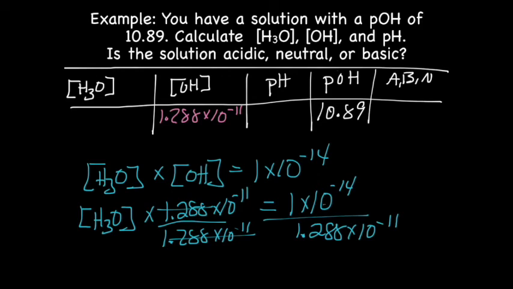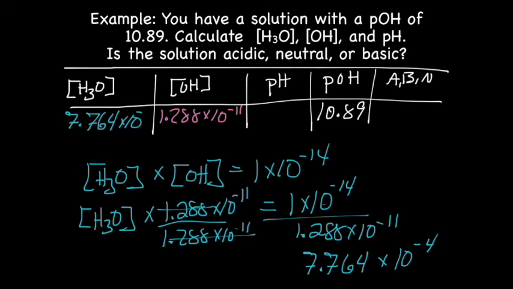And that gives us a concentration of H3O of 7.764, 4 sig figs, times 10 to the negative 4. So 7.764 times 10 to the negative 4.